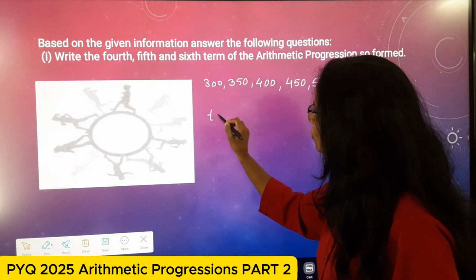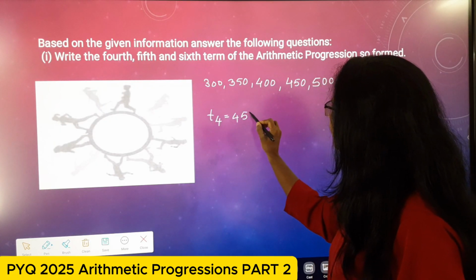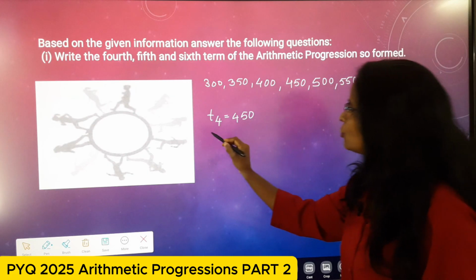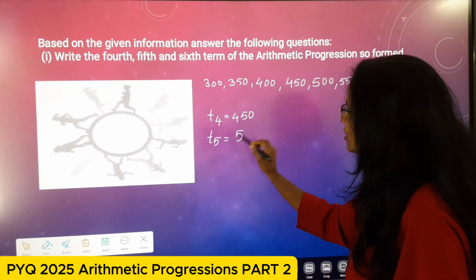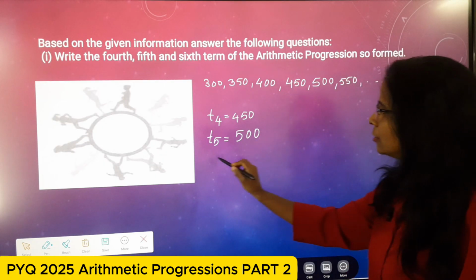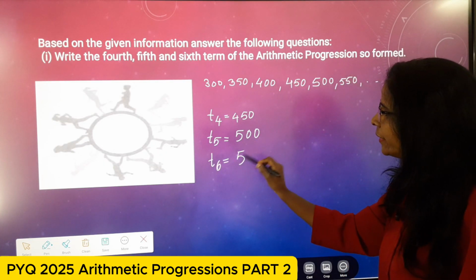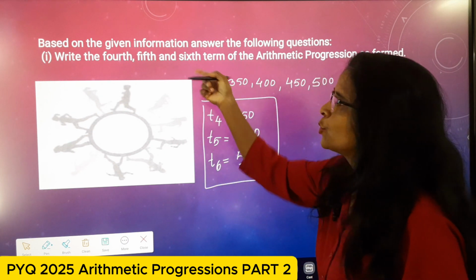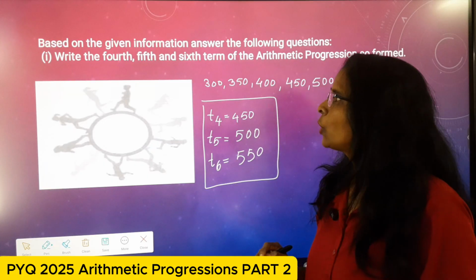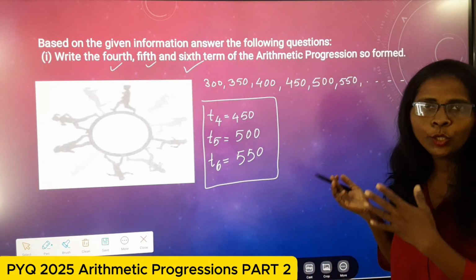So T4 is equal to 450, the fifth term is equal to 500, and the sixth term T6 is equal to 550. So now we got the answer of this first question.